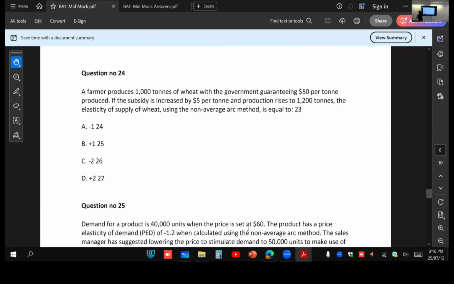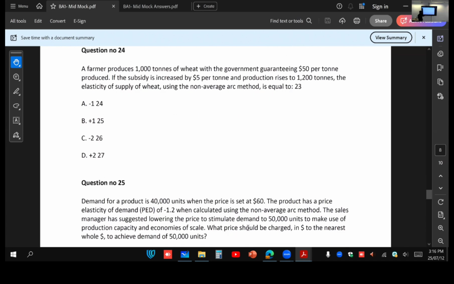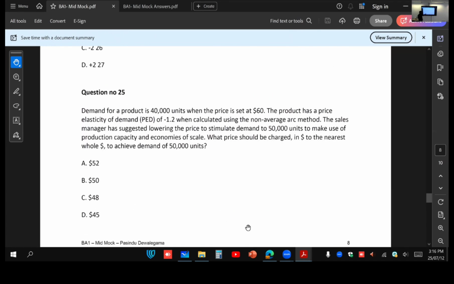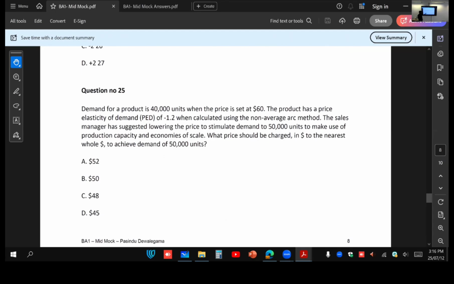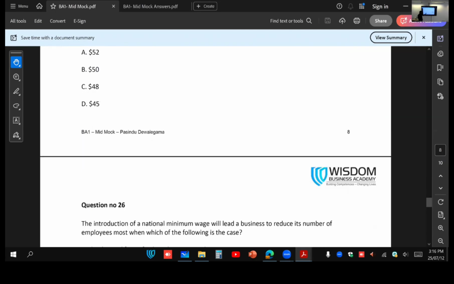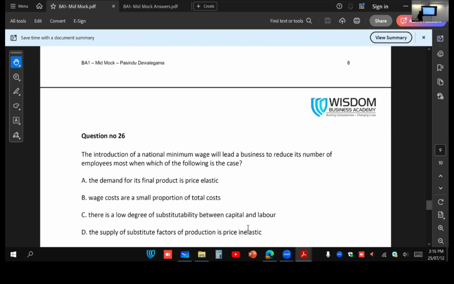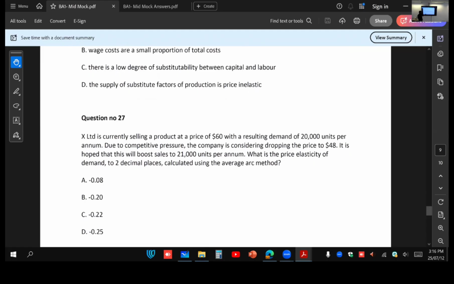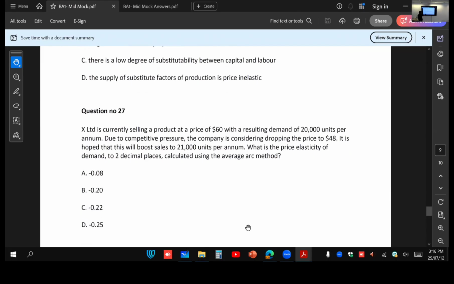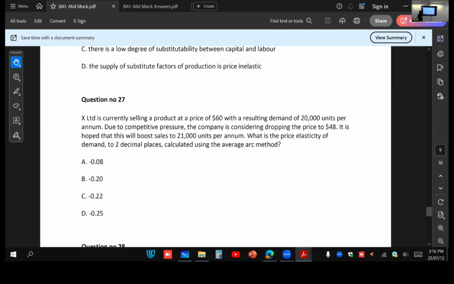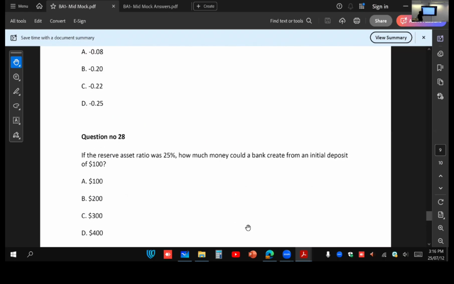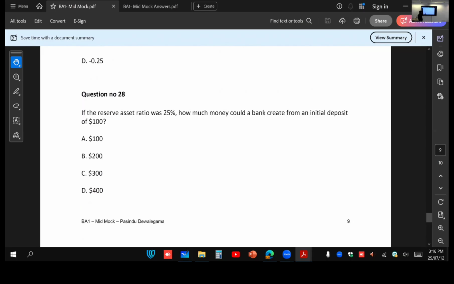Calculating price elasticity of supply with the average arc method, you know how to do. Production of national minimum wage. This one we didn't do, no? Did. Price elasticity of demand, inserting the figures. Okay, reserve asset ratio. Same, good.